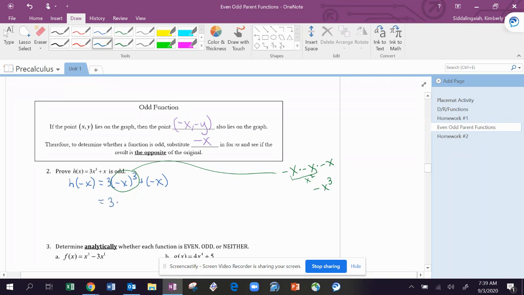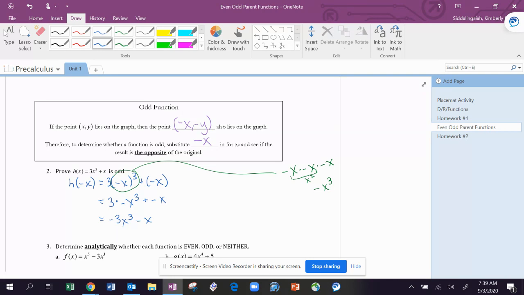So I have 3 times negative x cubed plus a negative x. Right, let me clean up the way this looks. This should be a negative 3x cubed minus x. Now notice that is different than the original. The original is a positive 3x cubed plus x. So we know it's definitely not even, but then again, we're trying to prove it's odd.